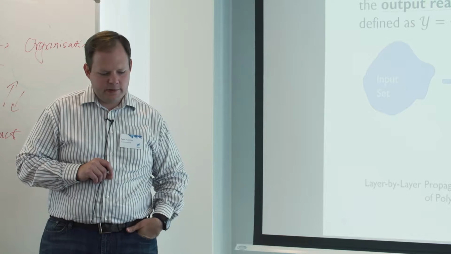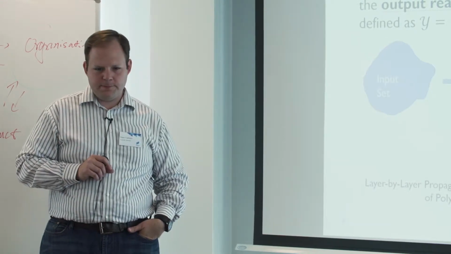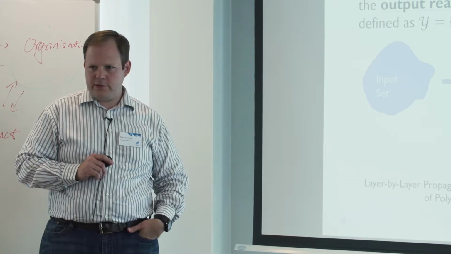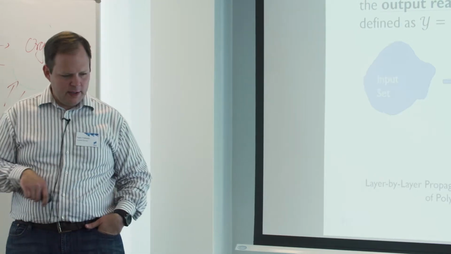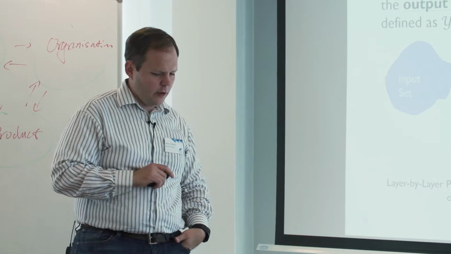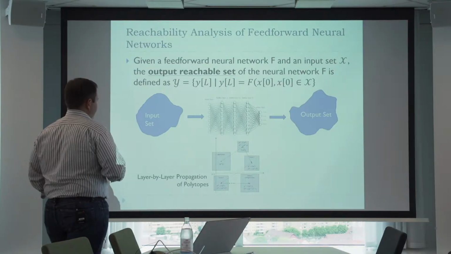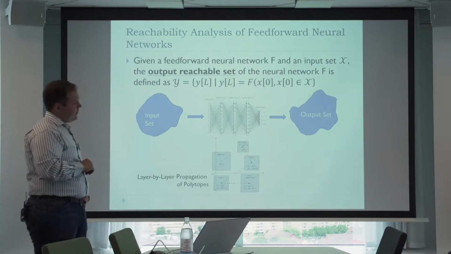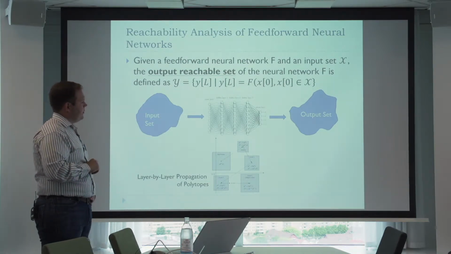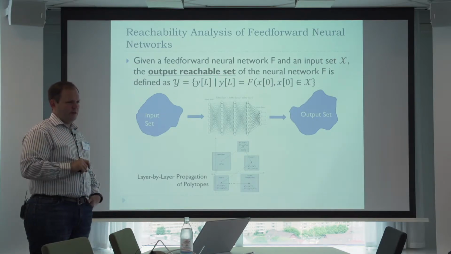And then at the output, hopefully I'll have a polytope or a union of polytopes. So basic problem makes sense. So essentially, there are different terms for this. This is a range estimation problem or a range over approximation problem. But essentially, this is some complicated nonlinear function, in essence, kind of piecewise nonlinear for this ReLU case. So we're trying to see how is that function going to transform a set of inputs.